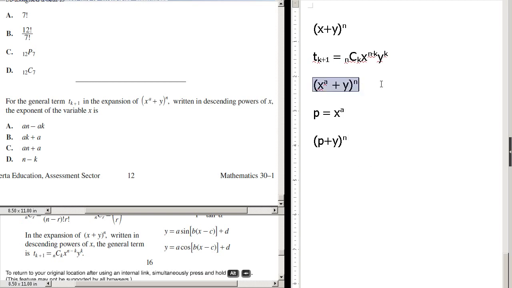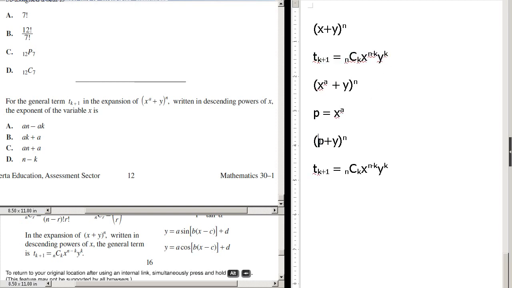So I introduced a new variable p, made it equal to x to the a, and put the p in where the x to the a used to be, and it just gives me this. Well, this now follows this model up here. It's just there's a p there instead of an x, so now we can use this formula over here.